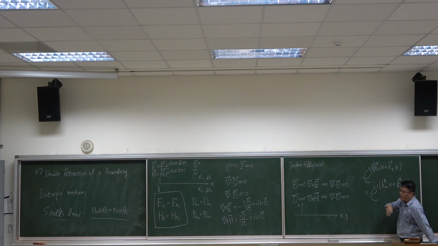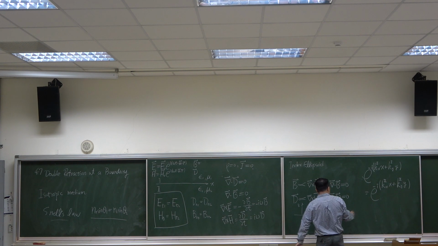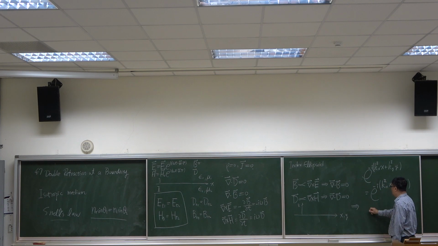Since x and y are arbitrary, this means that k1x is equal to k2x, and k1y is equal to k2y.